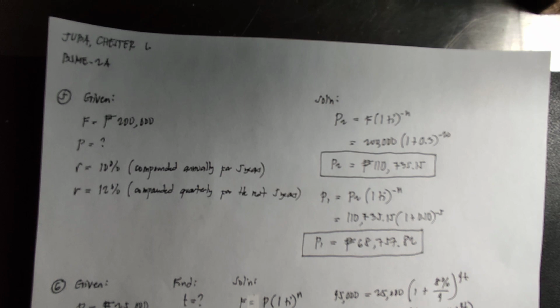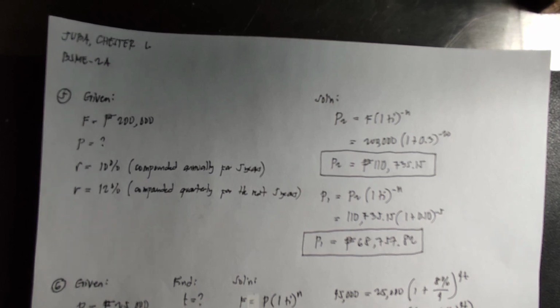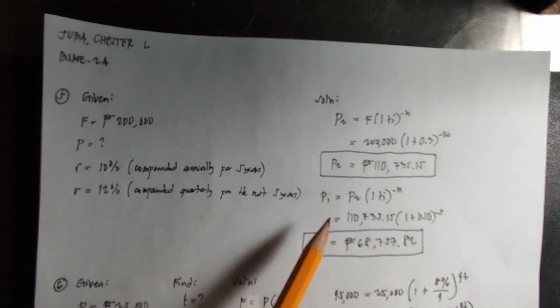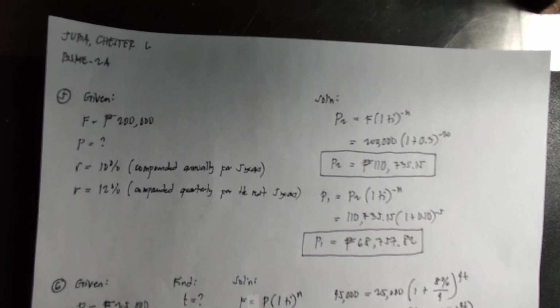Since we got our P sub 2, or our principal sub 2, then we will get our principal sub 1. We will use this formula right here. P sub 1 is equal to P sub 2 multiplied to the quantity of 1 plus i raised to negative n.